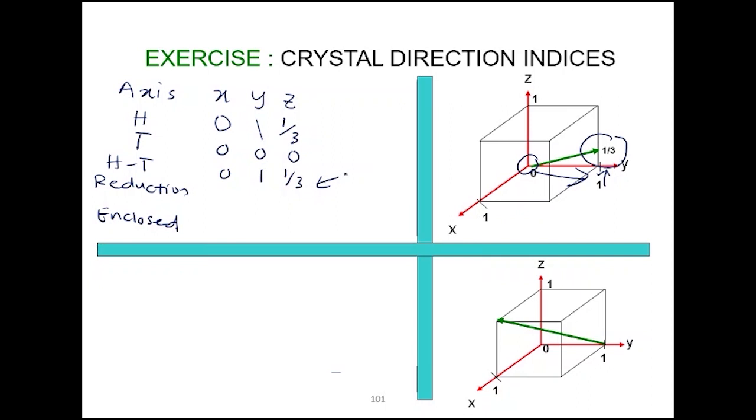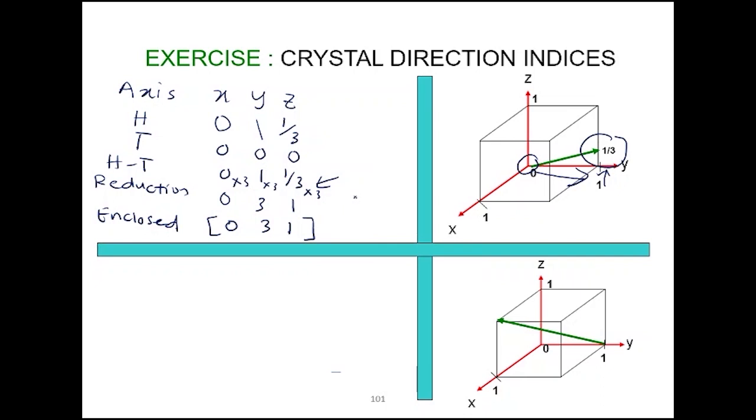We need to multiply all of it by 3. 0 times 3, 1 times 3, and 1 over 3 times 3. So we will get 0, 3, and 1. So for the enclosure, we will have 0, 3, 1.